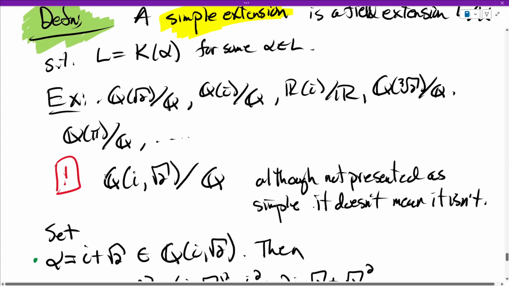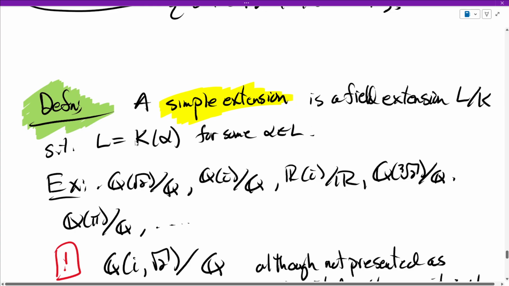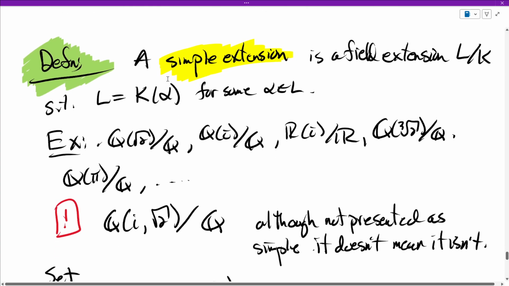They're going to be obtained by taking a base field and adding in a single element to the base field. Okay? So this might seem silly, this idea of defining these extensions where you just add in one number, but it's actually very useful, and almost all the extensions we're going to look at in this class will in fact be simple.